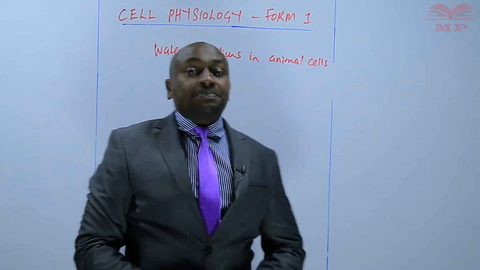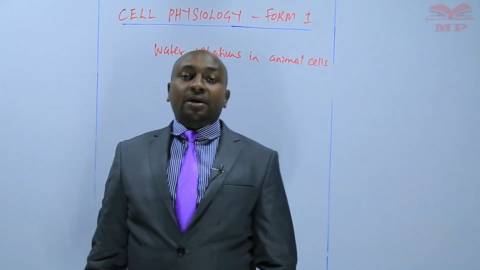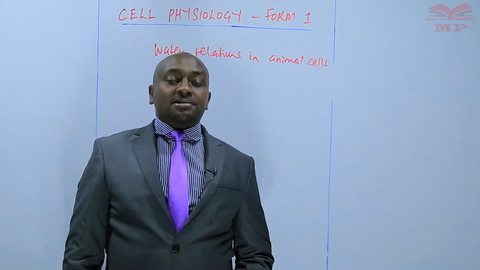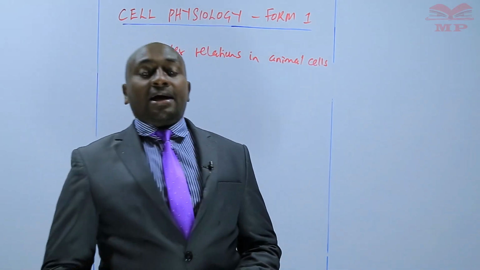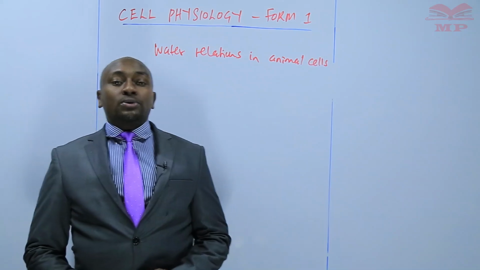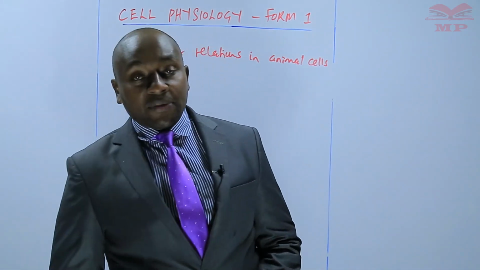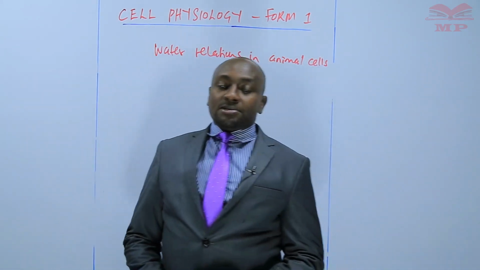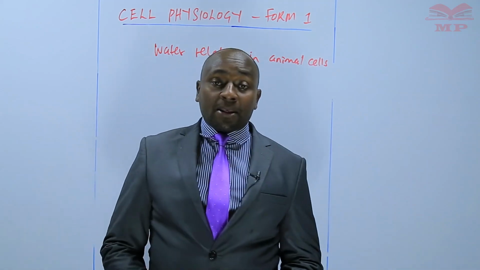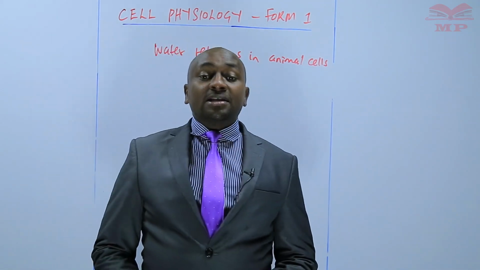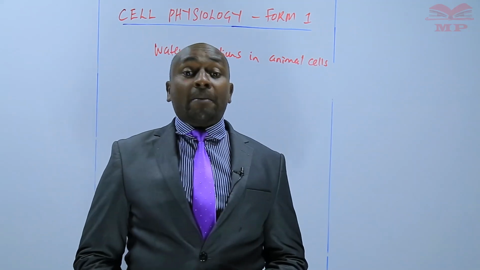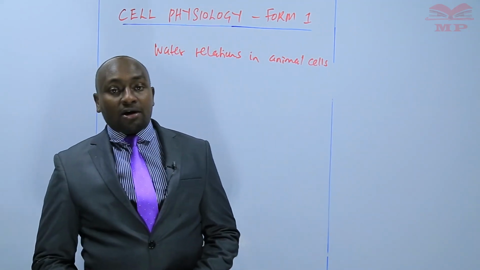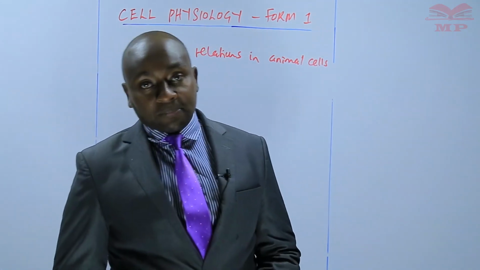When you talk of animal cells, they do experience osmosis, and that is when it comes to them absorbing water at different parts of the body. This water is usually absorbed across the semi-permeable membrane, which is the cell membrane.